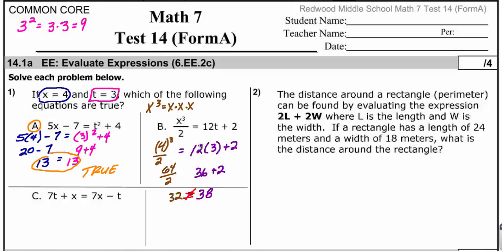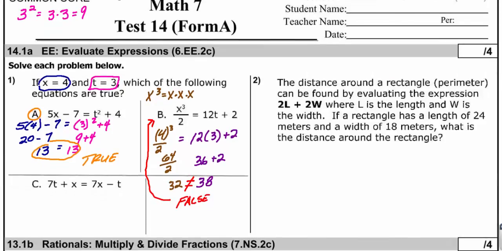So we use, let me do it again because I kind of messed it up there, we use this sign, which we read as not equal to. 32 is not equal to 38. So the idea that that's equal, that's a false statement. So B is false.